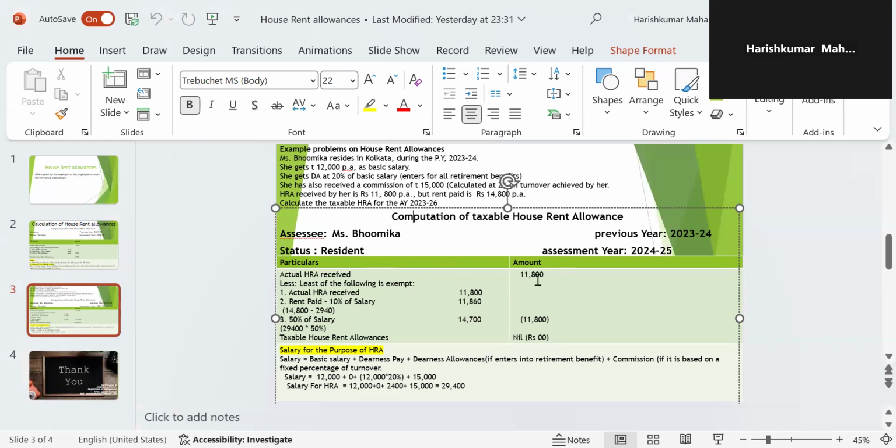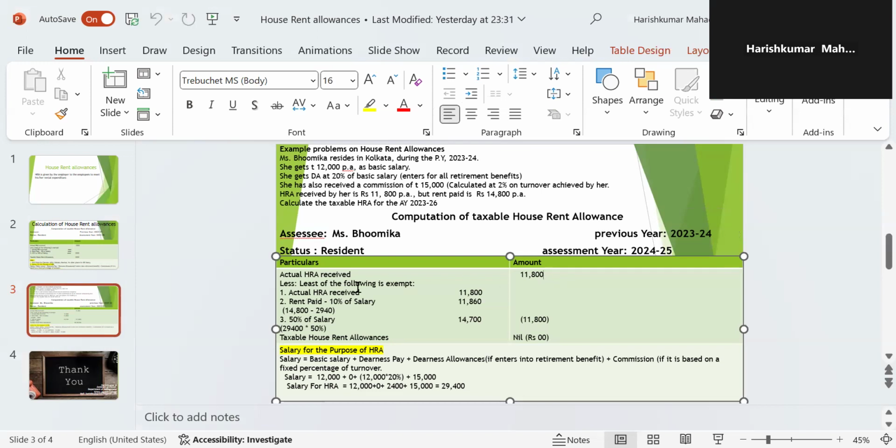In this problem, they gave actual HRA received by Bhumika as 11,800. Less: least of the following is exempted. First one is actual HRA received, given in the problem, 11,800. Rent paid minus 10% of salary. Rent paid, we know, is given in the problem: it is 14,800 minus 10% of salary.